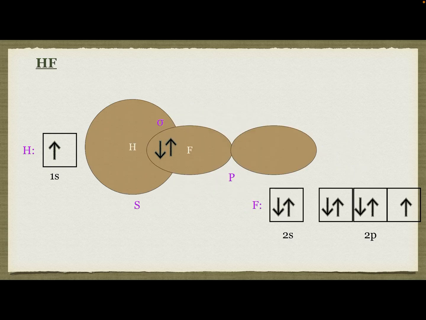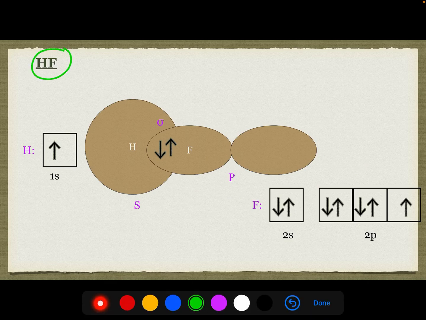Alright, kita ada HF. Okay, molecule HF. Alright, again let's focus on the valence electron. Okay, again for hydrogen tak ada masalah. Hydrogen memang ada satu elektron saja, and that electron is located at 1s orbital. So kita akan lukislah s orbital untuk hydrogen.